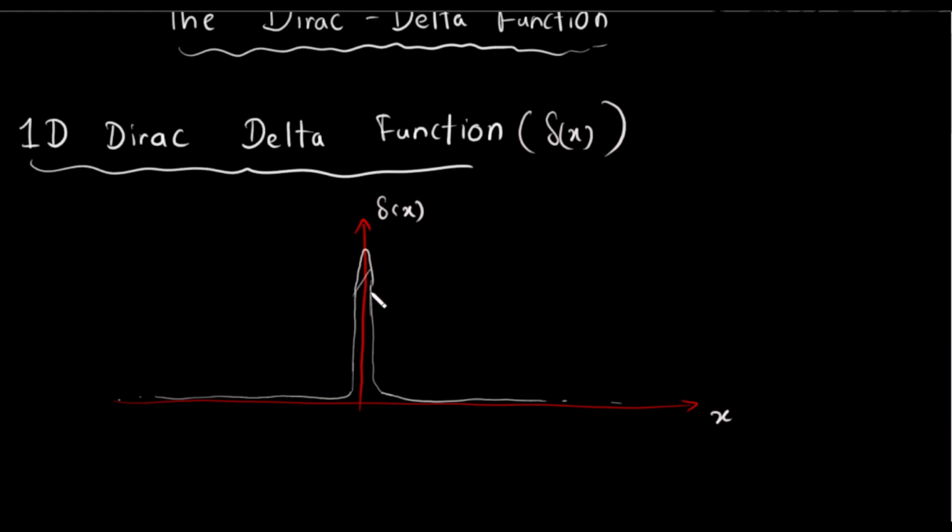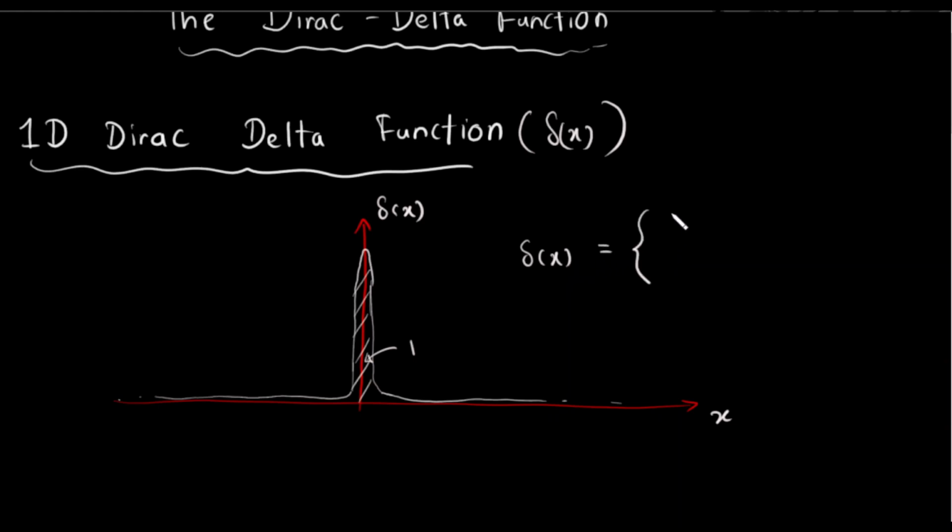When you integrate this, you will find that this area is equal to 1. Actually, this is a unit area. So if we say the function is delta x, this function has two values.